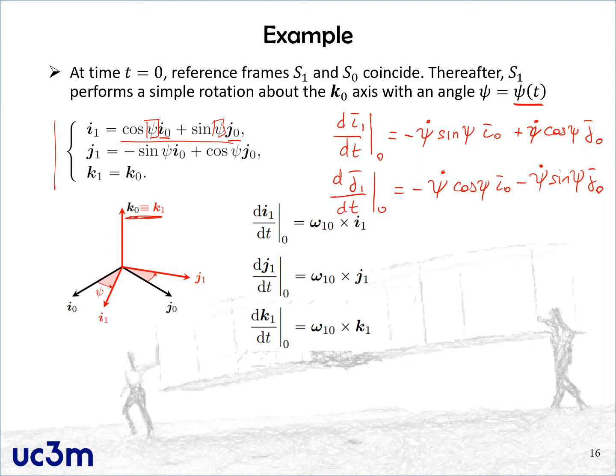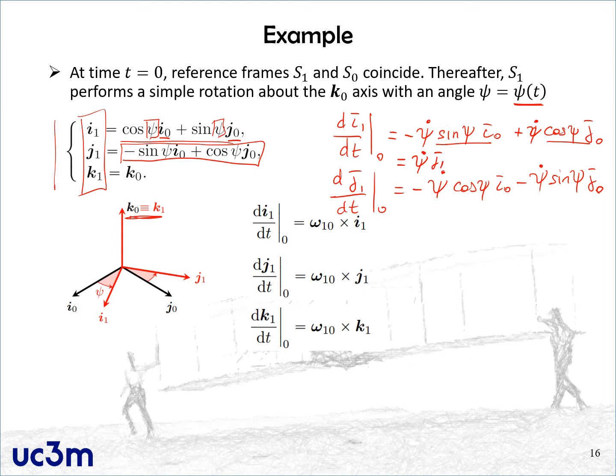Can we identify here in these new expressions the vectors of the new basis, the vectors I1 or J1? Well, certainly yes. For example, in this first expression, this and this, with the minus here, those are basically the components of J1. So a different way of writing this vector is just by saying that this is equal to psi dot J1.